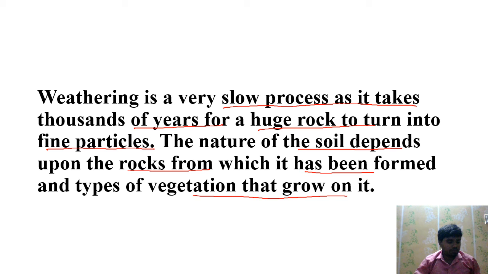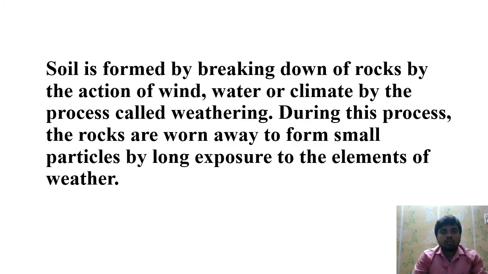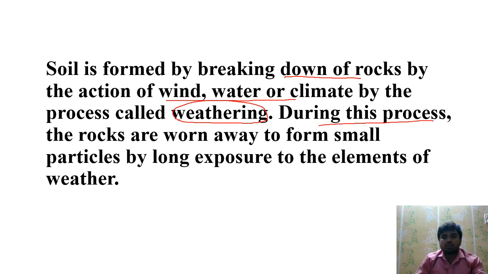Everywhere we cannot find soil of similar type. Soil is formed by the breaking down of rocks by the action of wind, water and climate in a process called weathering. During this process, rocks are worn away into small particles by long exposure to the elements of weather.